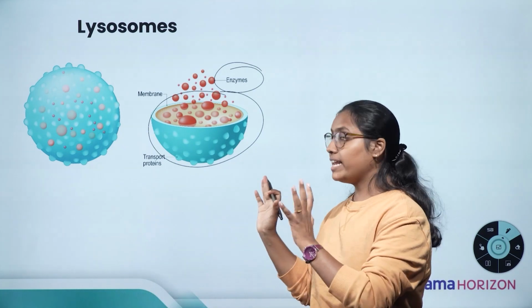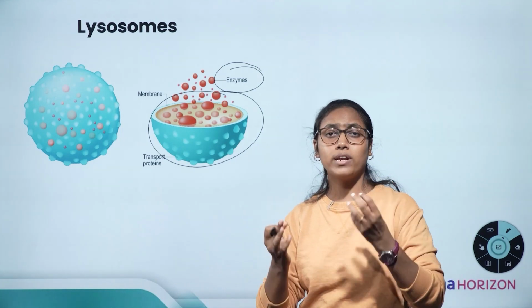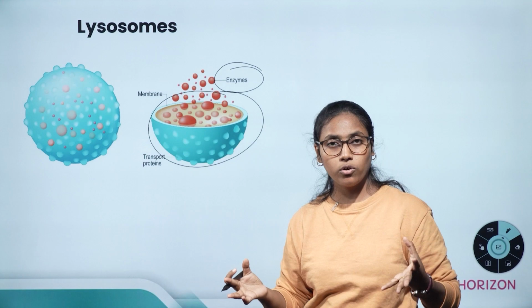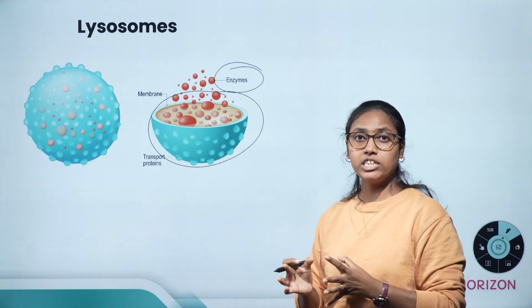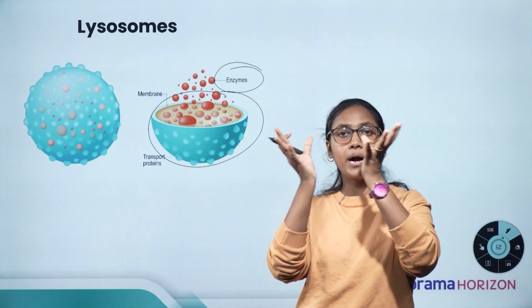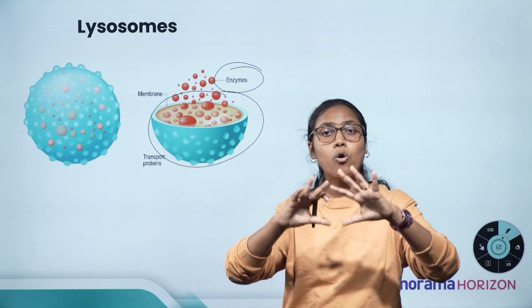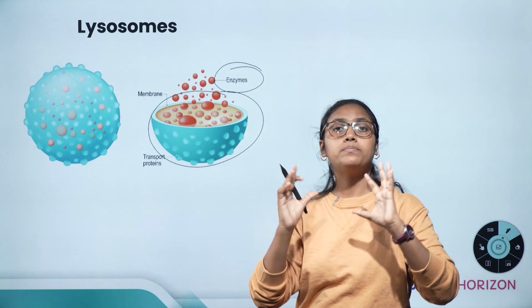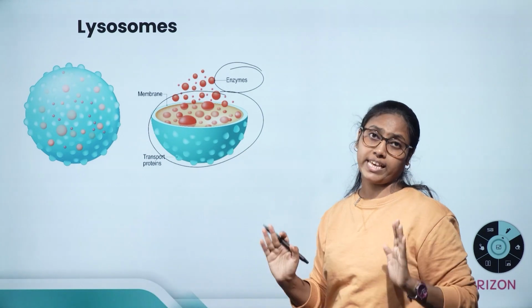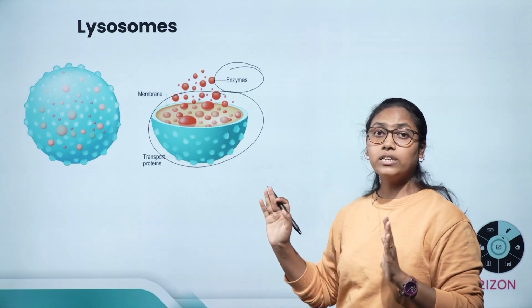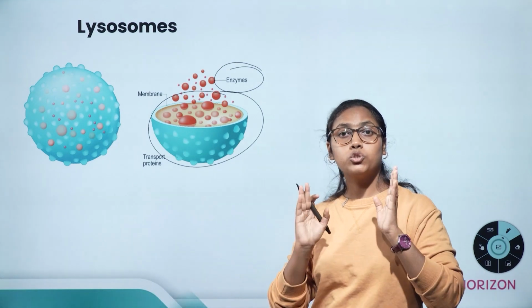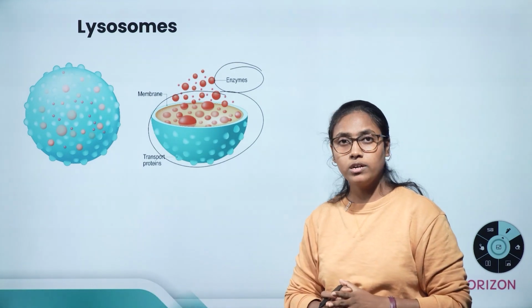Even if the cell gets damaged, okay, the cell wall has broken or the cell membrane got damaged, in that condition, this lysosome bursts and releases all its digestive enzymes all over the cell and helps in the digestion of the whole cell. Hence, these lysosomes are known as suicide bags of a cell.